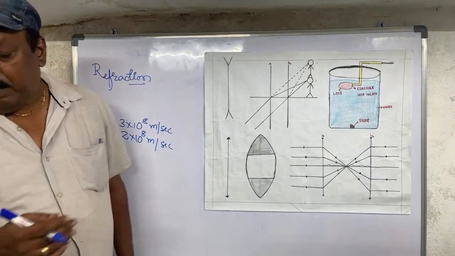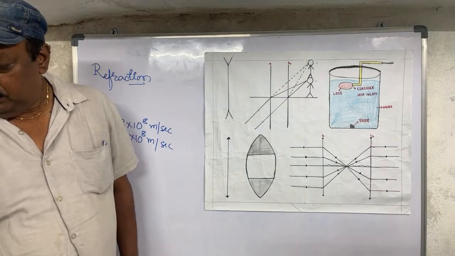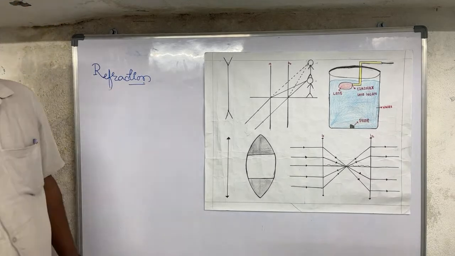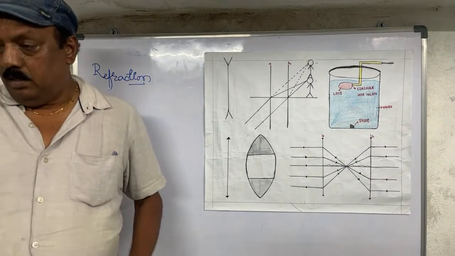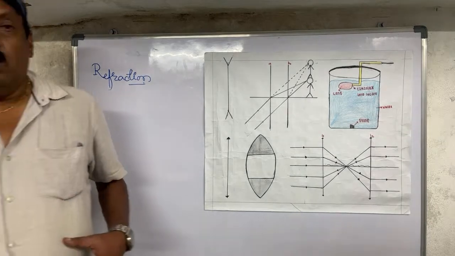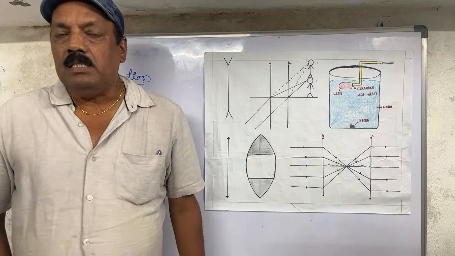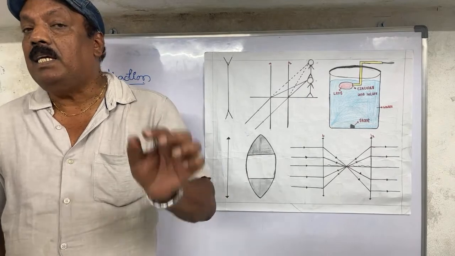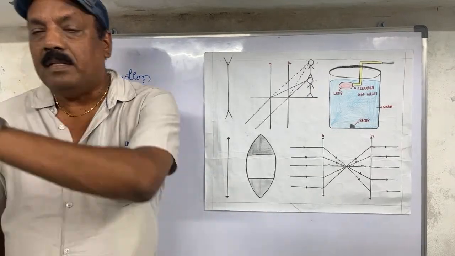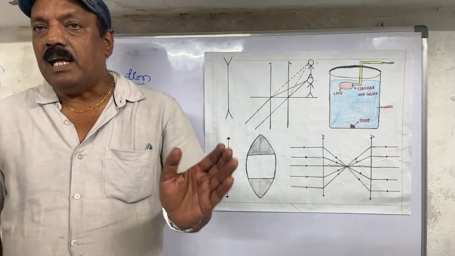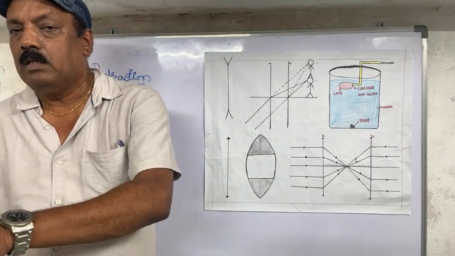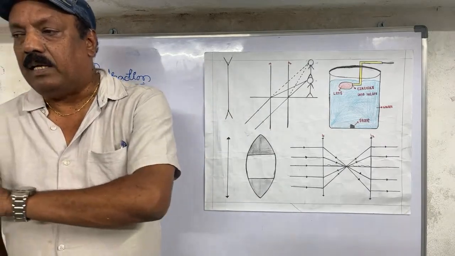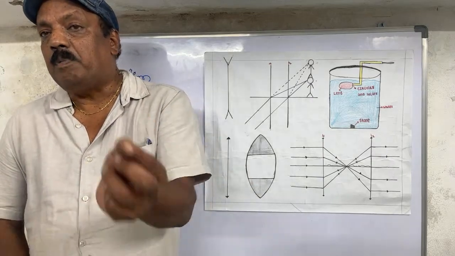Now, I am giving a clear example of refraction. The actual meaning of refraction is the process of changing speed when a light ray travels from one medium to another medium. Suppose the light ray is traveling from air to glass. The speed in air is 3 into 10 to the power of 8 meters per second, and in glass it is 2 into 10 to the power of 8 meters per second.